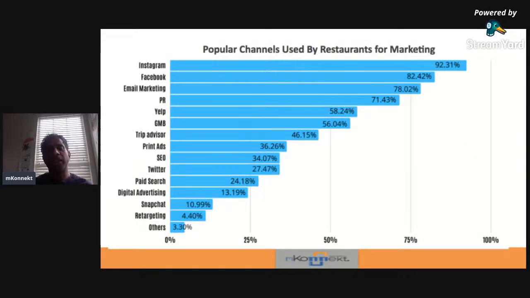If you look at which channels you need to use in order to get a return on investment, by far Instagram and Facebook are the most popular channels.